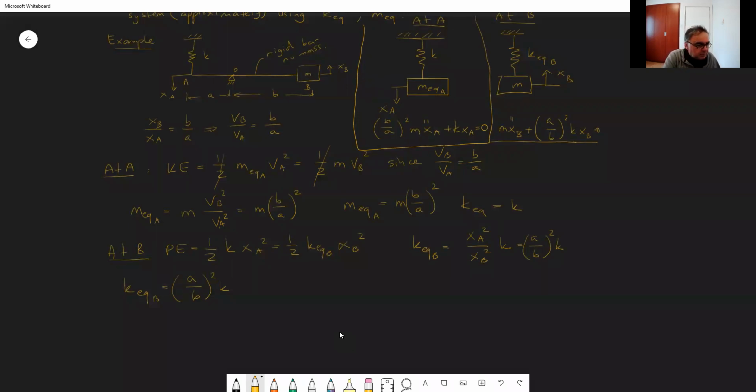Okay, so much for modeling. From now on, we assume that the model of the system is available. And from that point on, we are going to try to solve the equations of motion of the system, which is we will try to solve the differential equation.